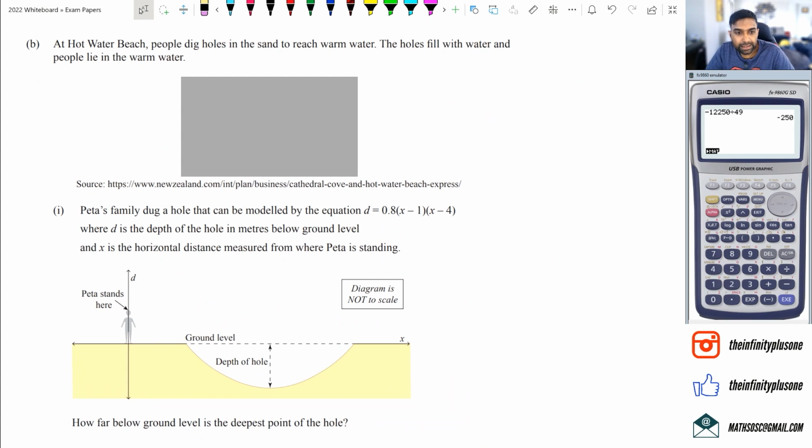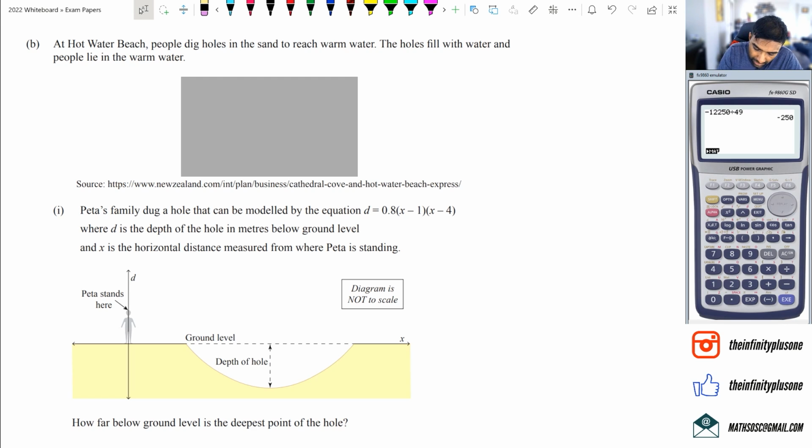Okay, so the next question, what we've got here is obviously a nice parabola there, with x minus 1 and x minus 4. How far below ground level is the deepest point of the hole? Now the thing about this question is that they've given you the nice graph with the x-intercepts.